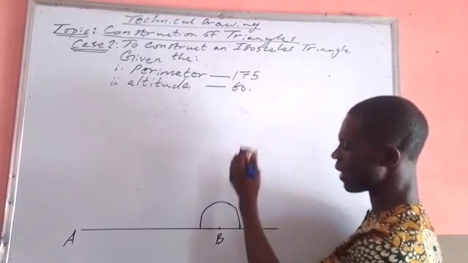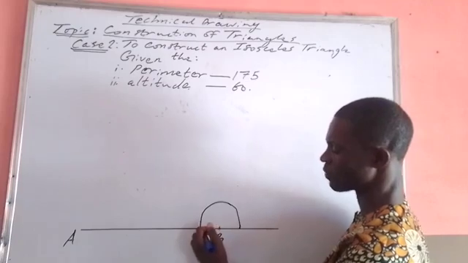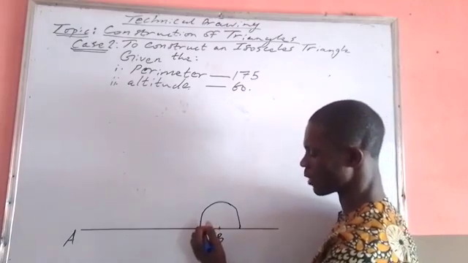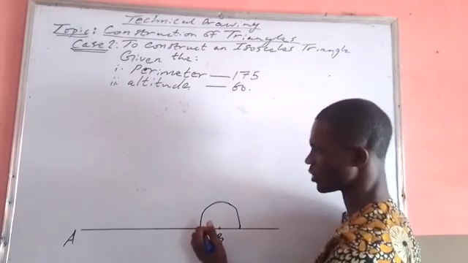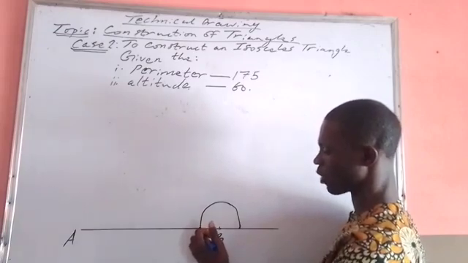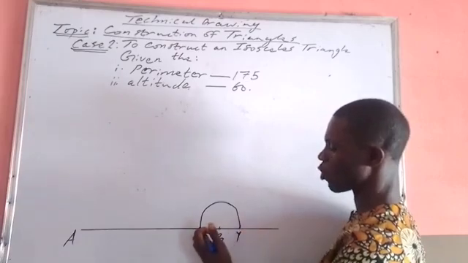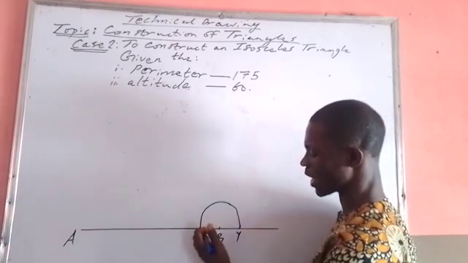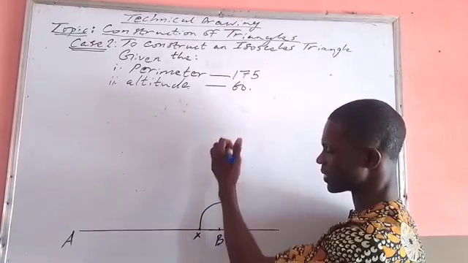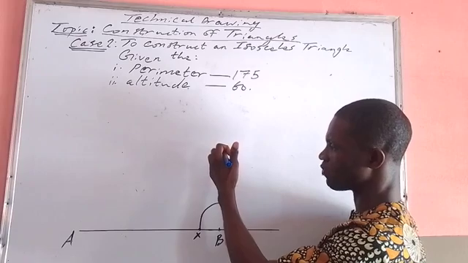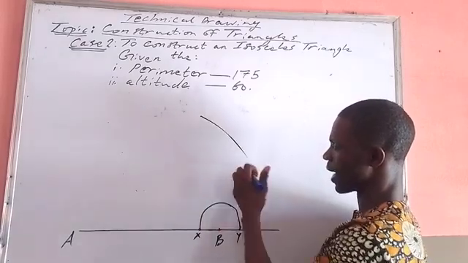Now to erect the perpendicular line, let me call this point X and let me call this one point Y. Putting the pinpoint of the compass at point X, extend the pencil point to a convenient radius and draw an arc here.